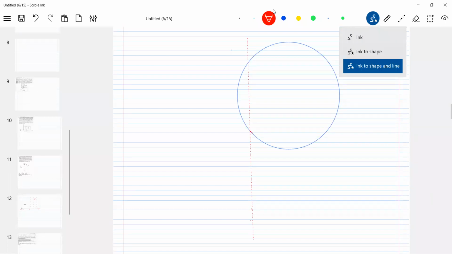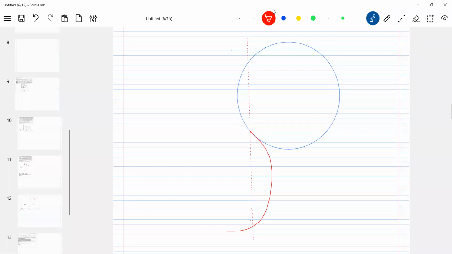So let me draw the red color circle. Now both will enter here, the positive and negative charge particles.